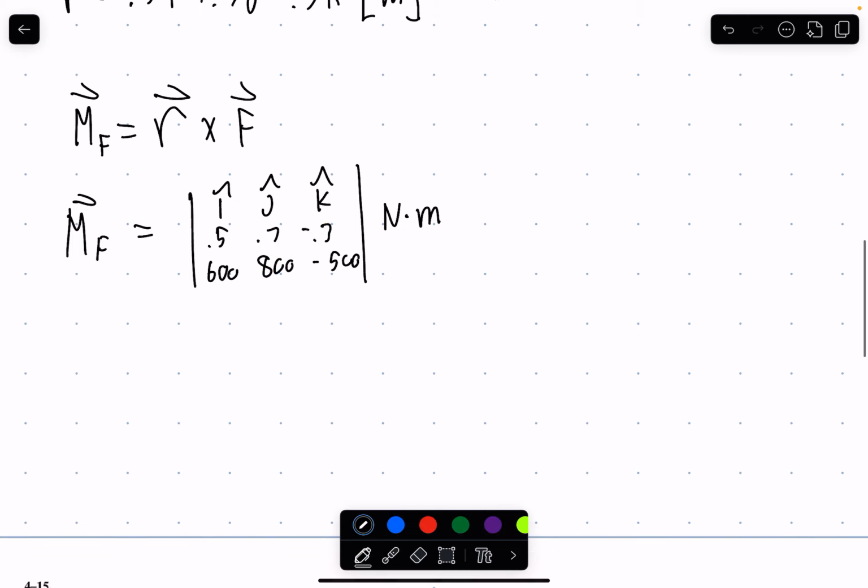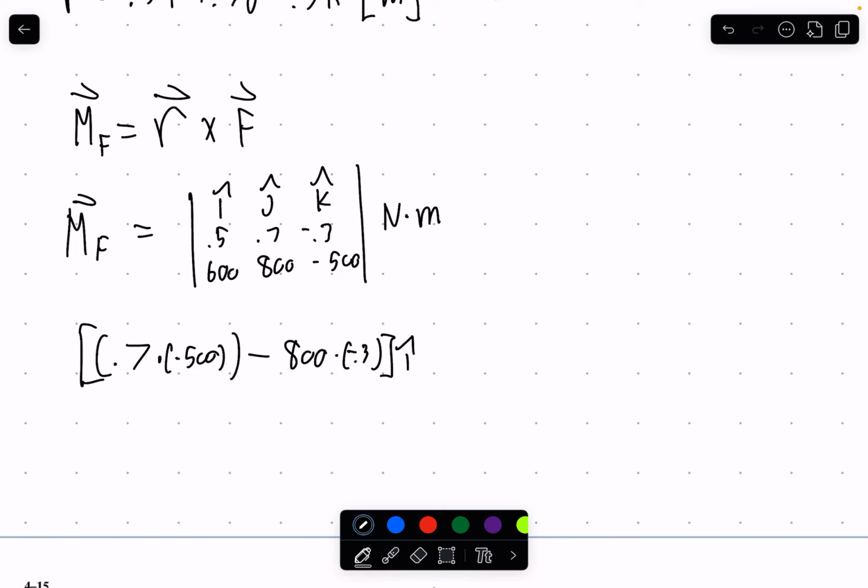So we get 0.7 times negative 500, subtracted by 800 multiplied by negative 0.3, and all of that is in the i hat direction. Let's double check my work. Perfect.